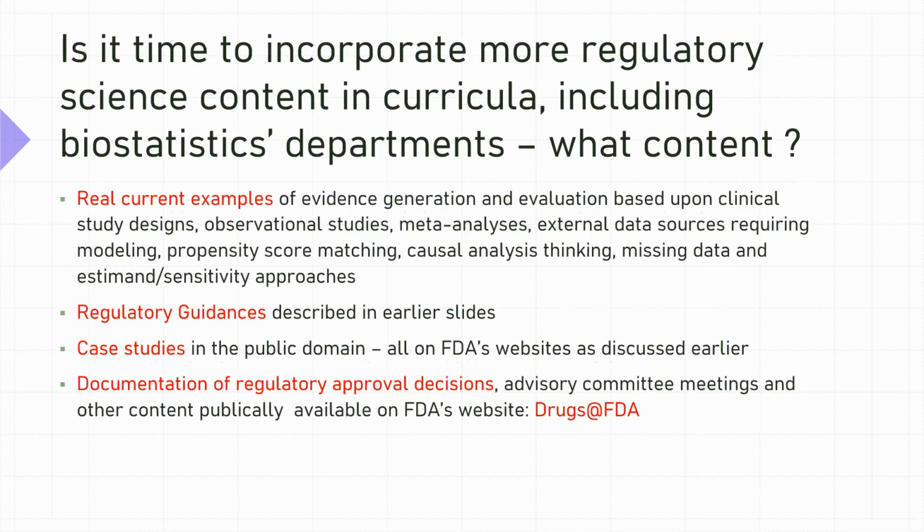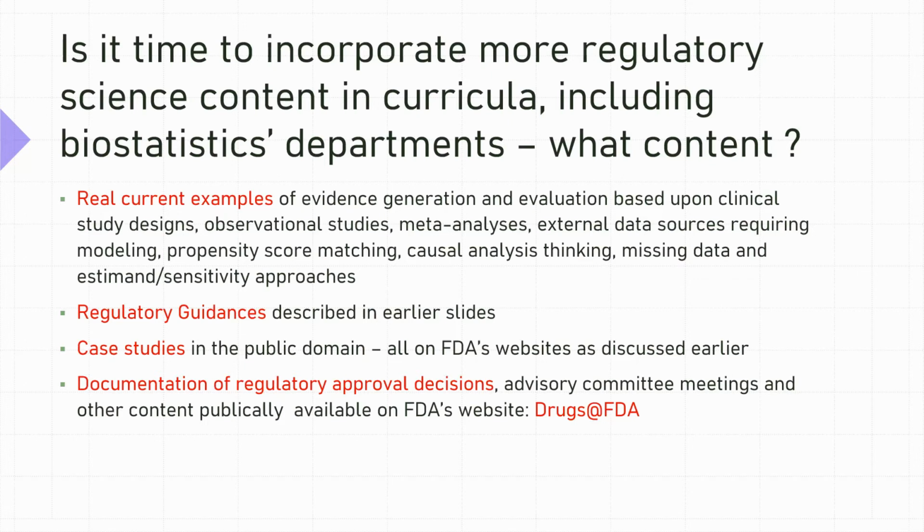So one area is real current examples of evidence generation and evaluation based upon clinical study designs, observational studies, meta-analyses, external data sources requiring modeling, propensity score matching, causal analysis thinking, missing data and estimand sensitivity approaches. These are all incorporated in real, actual examples that FDA faces and sometimes are brought to the advisory committees.